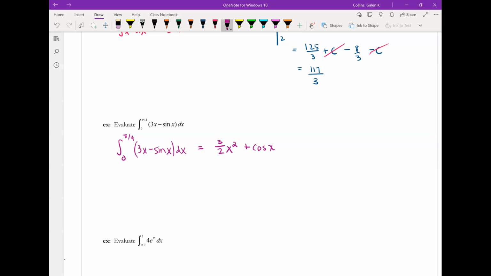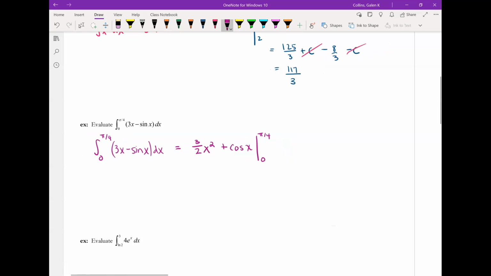And then I can't leave it like this. I have to show that I'm going to evaluate this antiderivative from 0 to pi over 4. So I'm going to draw a straight line at the bottom, my lower limit, at the top, my upper. And now on the other side of this line, I can plug these in.